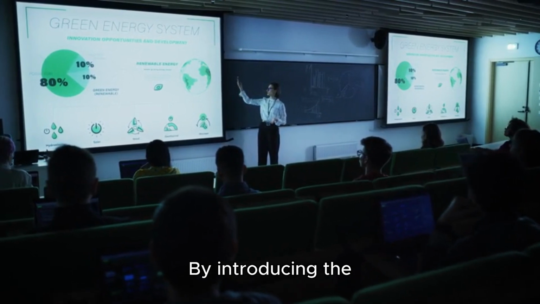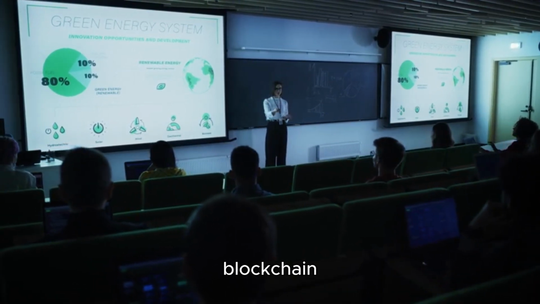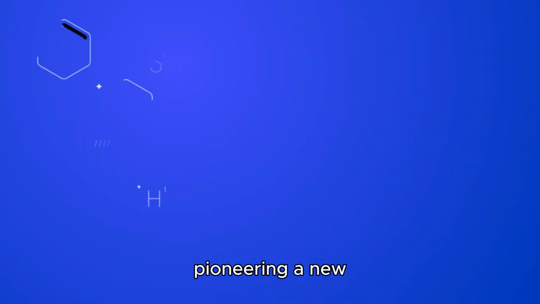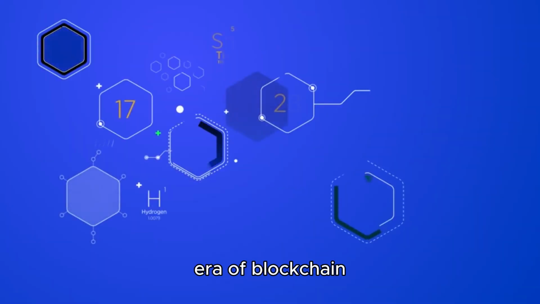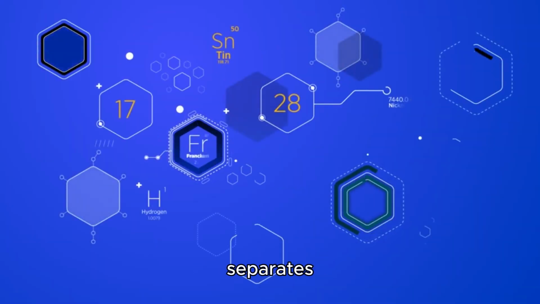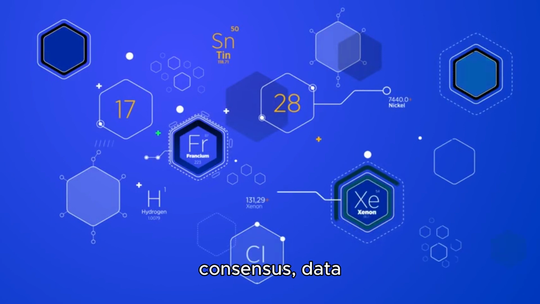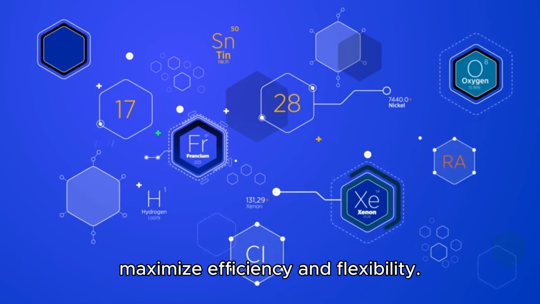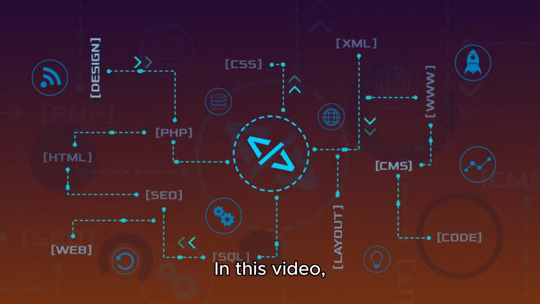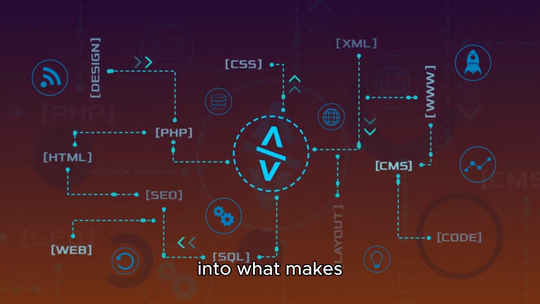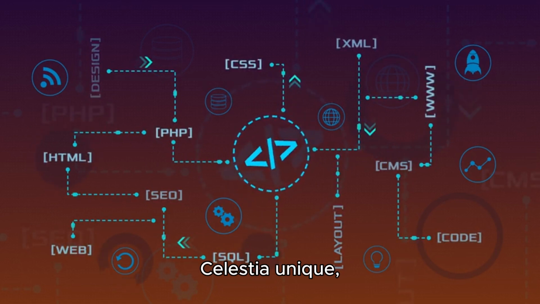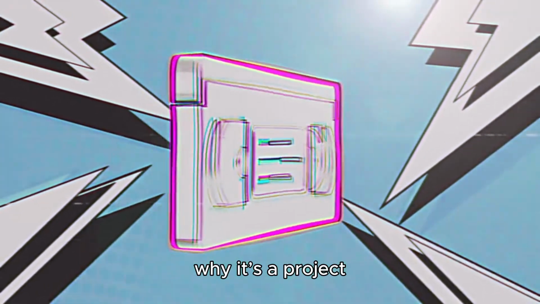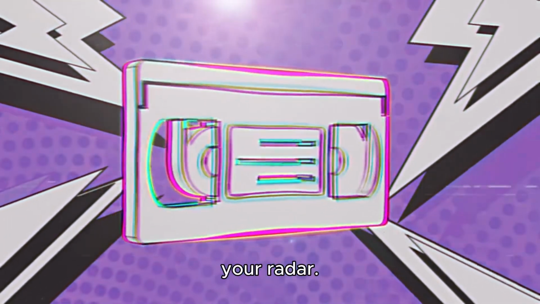By introducing the first modular blockchain architecture, Celestia is pioneering a new era of blockchain design that separates consensus, data availability, and execution layers to maximize efficiency and flexibility. In this video, we'll dive deep into what makes Celestia unique, how it works, its core features, and why it's a project you should have on your radar.